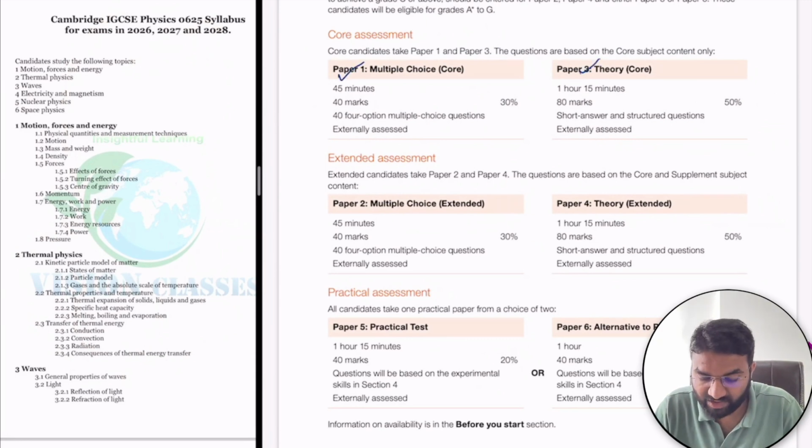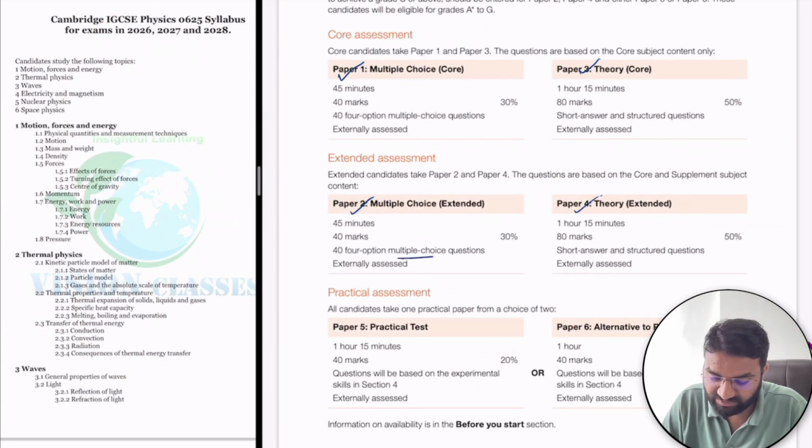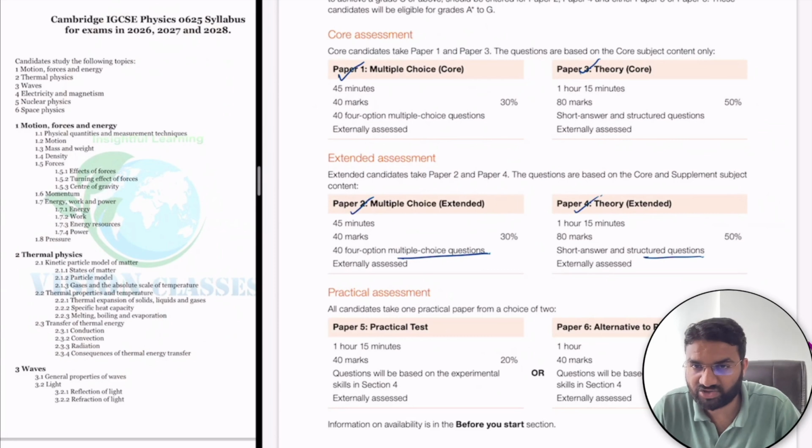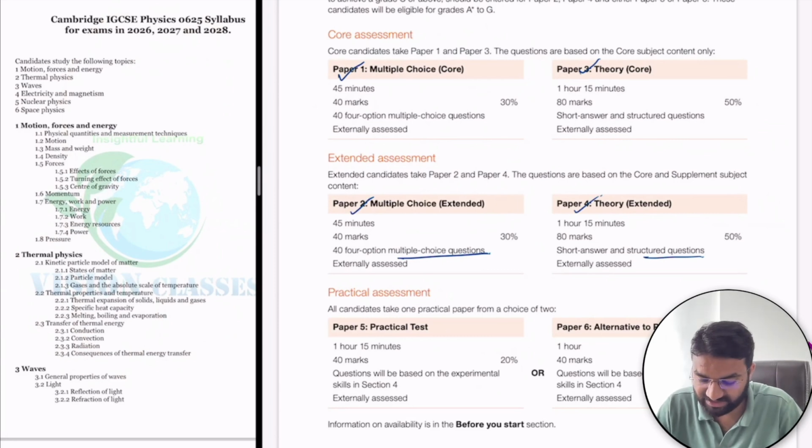Paper 1 is MCQ based and paper 3 is a theory based question paper. For extended, paper 2 is MCQ and paper 4 is subjective. You have to write short answers and structured question answers. Then the practical papers, paper 5 and paper 6, are the alternative.